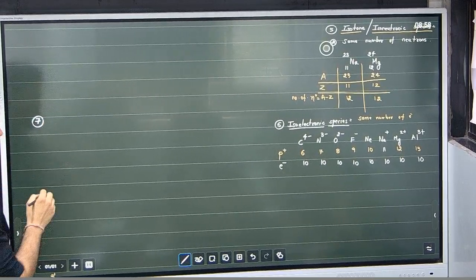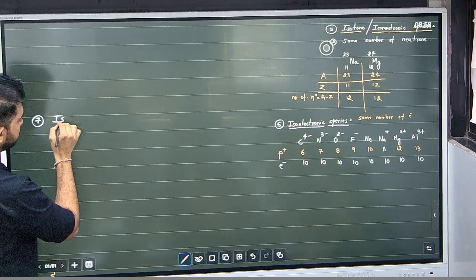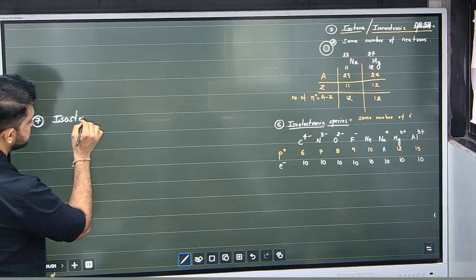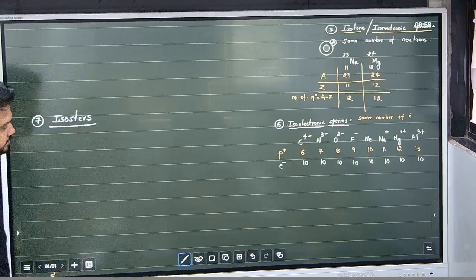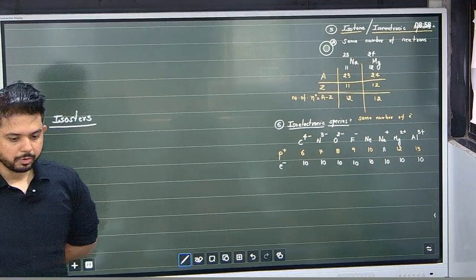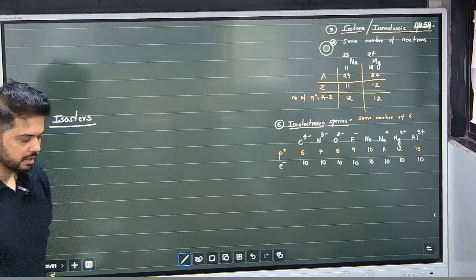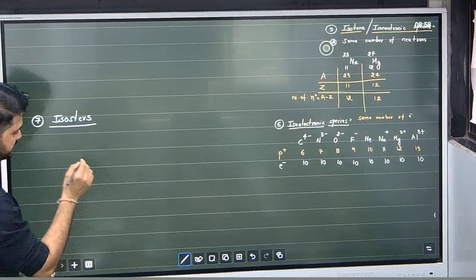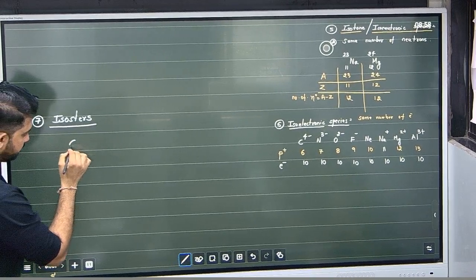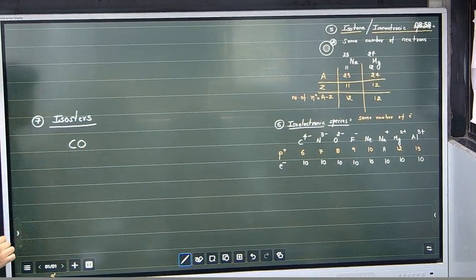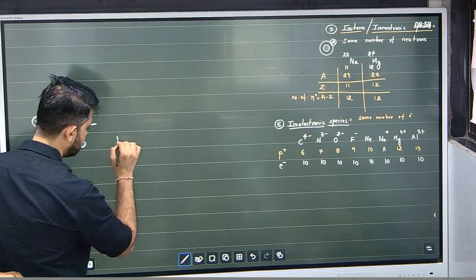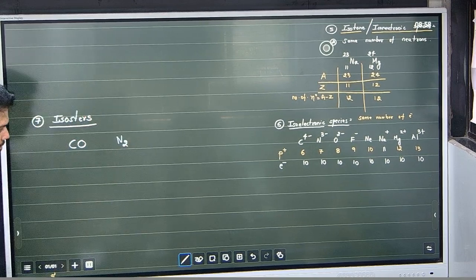Next we have something called isosters. Now what do you mean by isosters? I'll explain with an example. Let's say I have CO, CO stands for carbon monoxide, and I have N2.